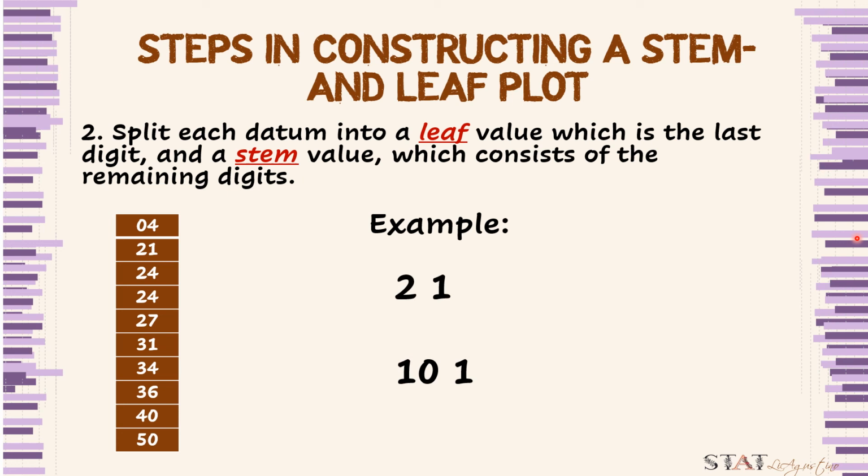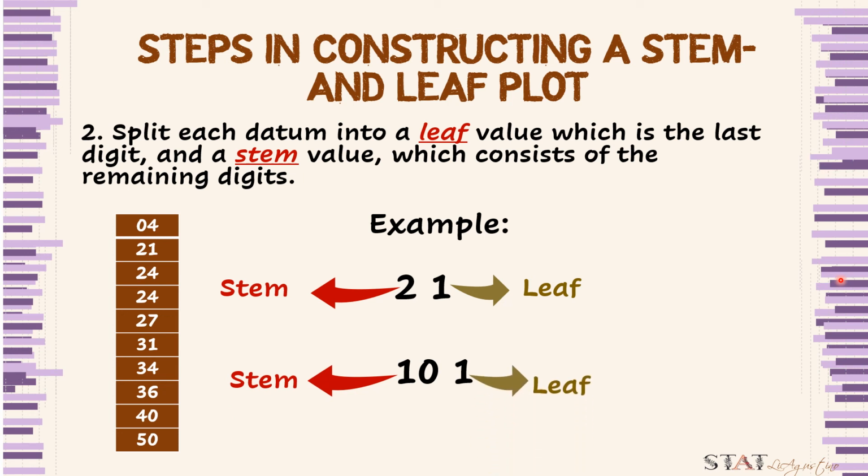For example, in 21, 1 is the leaf and 2 is the stem. In 101, the stem is 10 and 1 is the leaf. So the last digit is the leaf and the remaining digits are the stem.